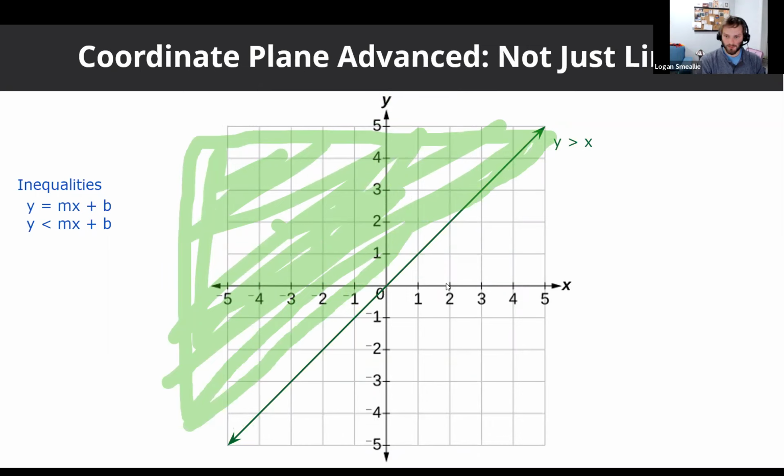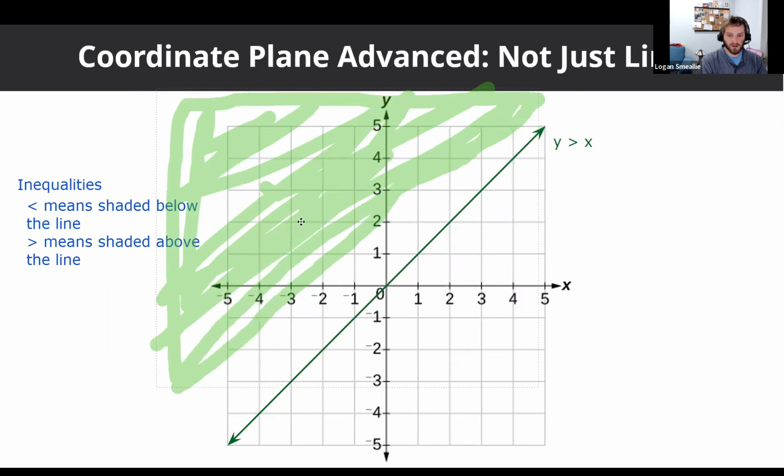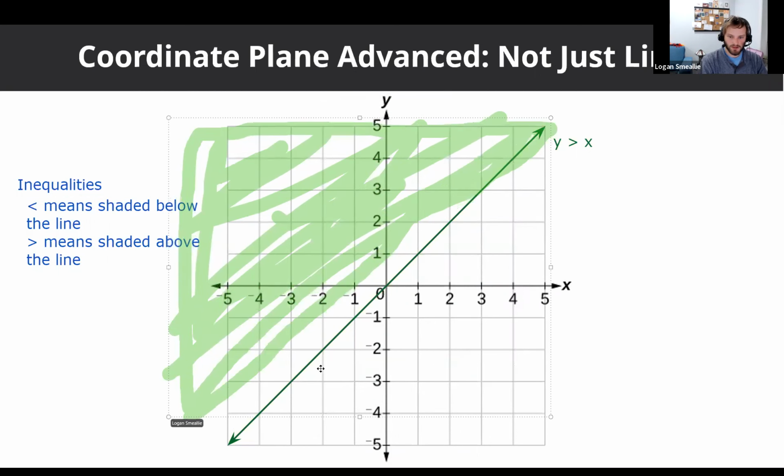Here, y is 4, but x is 2. So I'm just going to note that here on the screen. A less than sign means shaded below the line, and a greater than means shaded above the line, indicating that all of this stuff satisfies the inequality, and the line itself is the border.